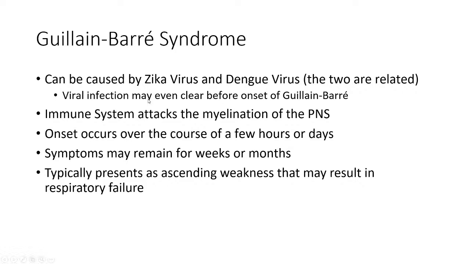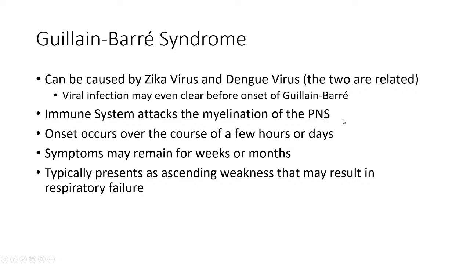But in adults who were not pregnant, typically very mild symptoms. So you can have a very mild infection with Zika virus, but if your immune system becomes hypersensitized to its presence after you've cleared it, the immune system may go on attacking. And in the case of Guillain-Barré syndrome, the immune system has continued on attacking the nerves of the peripheral nervous system.